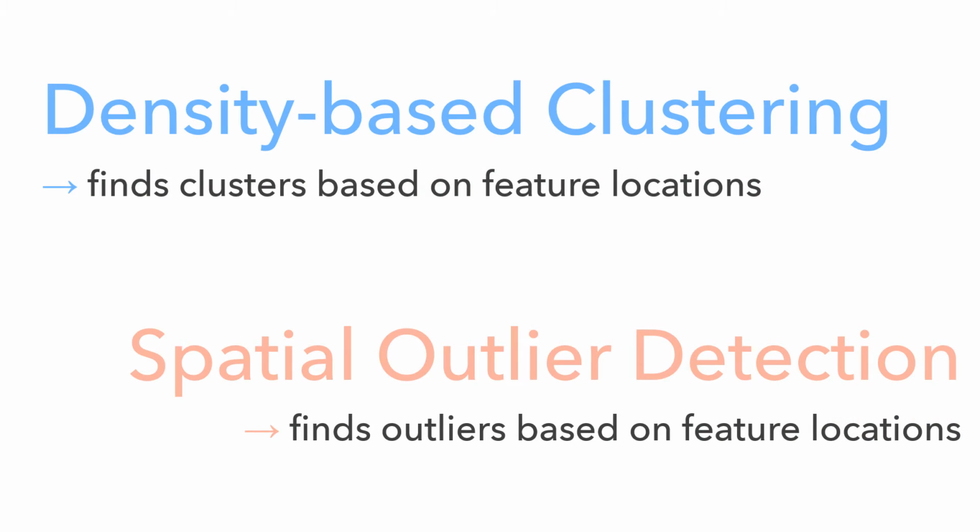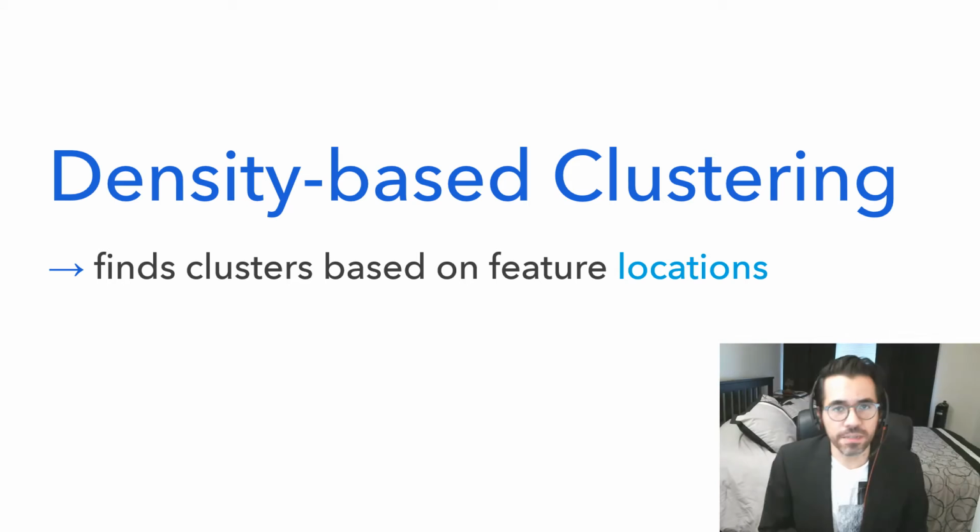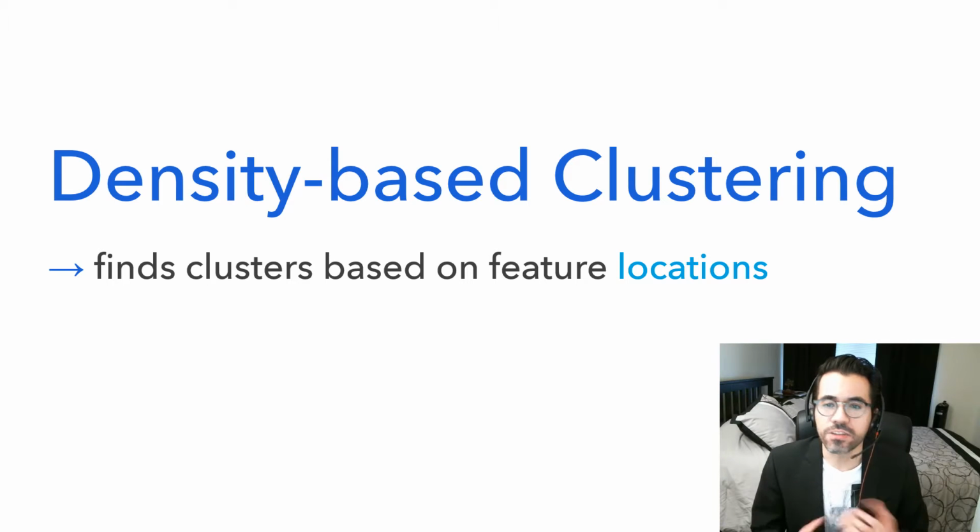So this workshop is going to get into two concepts: density-based clustering, a tool in spatial statistics, and spatial outlier detection, a new tool in spatial statistics that we introduced in ArcGIS Pro 2.7. Now, the first tool, density-based clustering, is in charge of finding clusters based on feature locations.